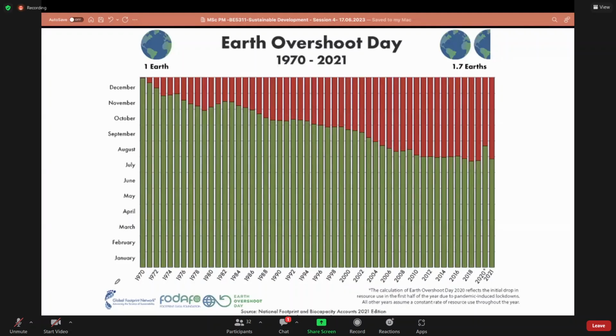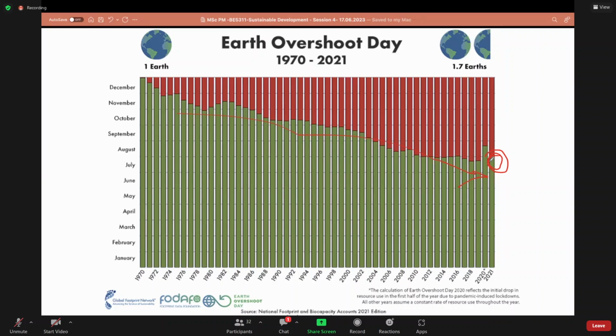We looked at this a couple of sessions ago as well, the idea of this overshoot day. It basically means the day in the year where we finish using the resources that are available for us, and that day has been getting closer and closer over the years. In the 1970s, for instance, the overshoot day was at the very end of the year, towards the end of December.